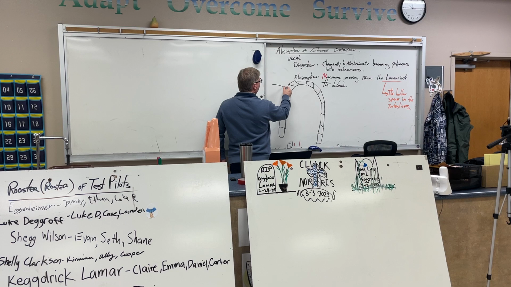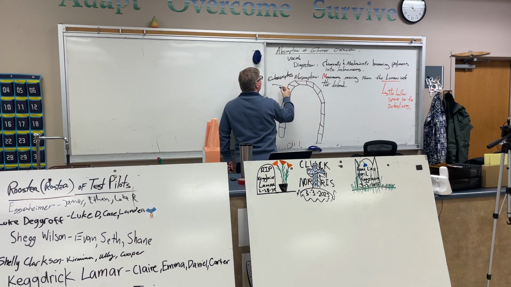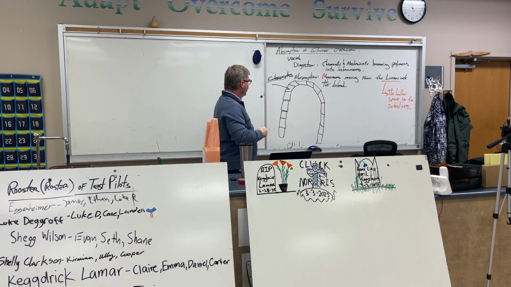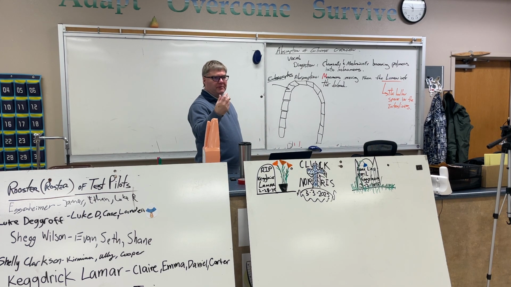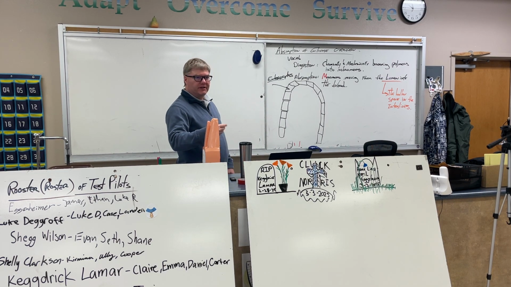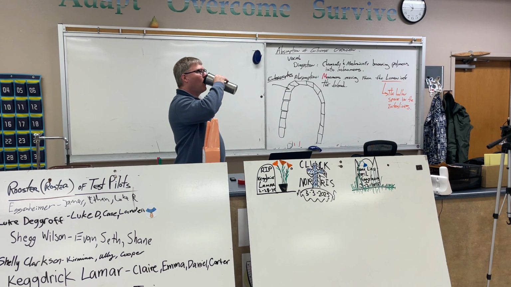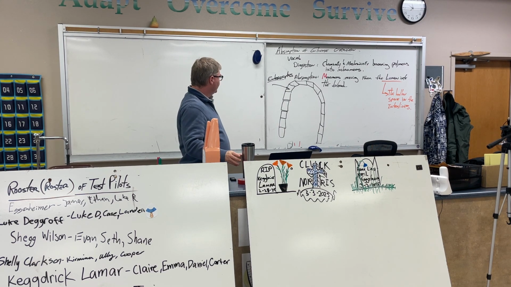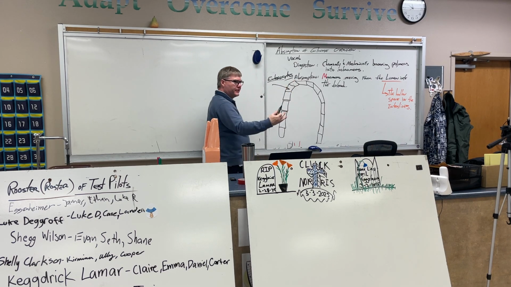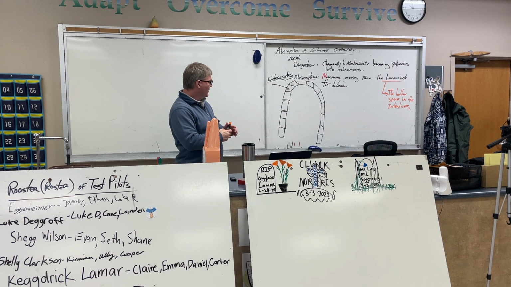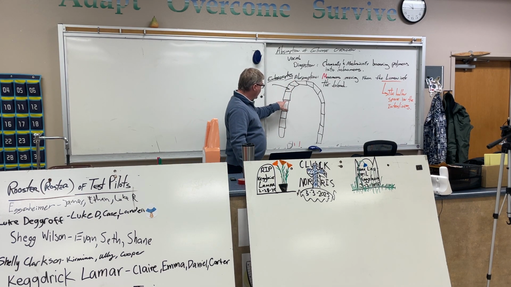Those are called enterocytes. The word entero is the ancient word for intestines. So you got gastro, which means stomach, and entero means intestines. Cyte means cell. So these are the intestinal cells, and this is what the nutrients actually have to pass through.